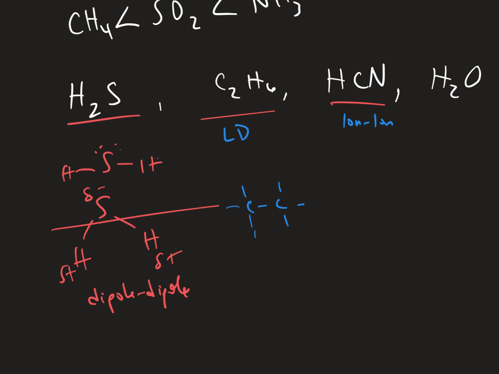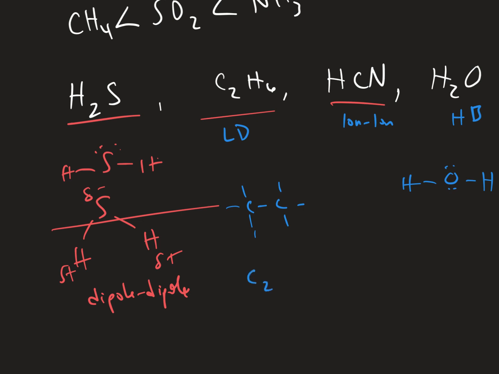What about water? Hydrogen bonding. If we draw it, it looks just like H2S, right? It's still bent. Still polar, has lone pairs. But hydrogen is directly bonded to oxygen, so it's hydrogen bonding.